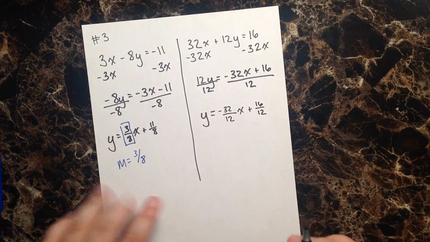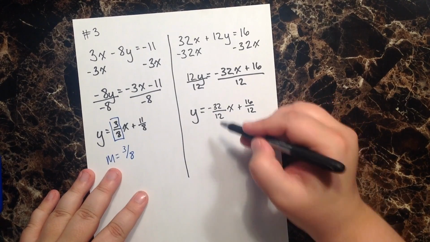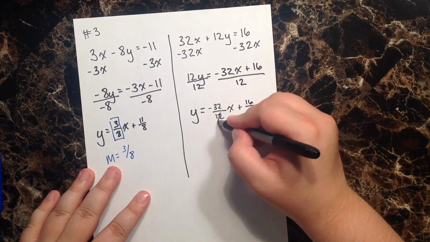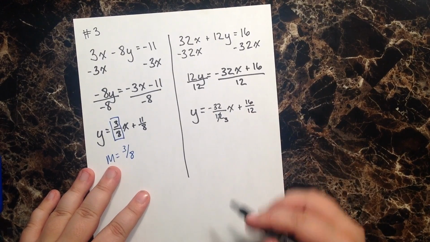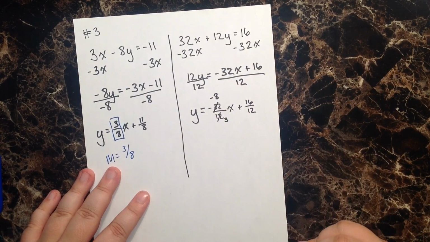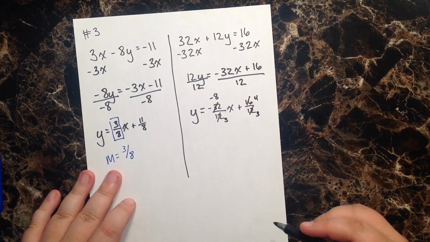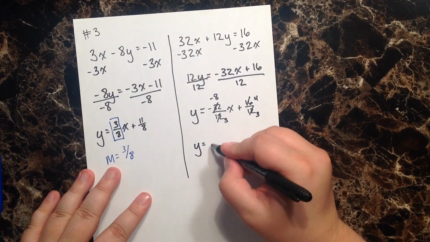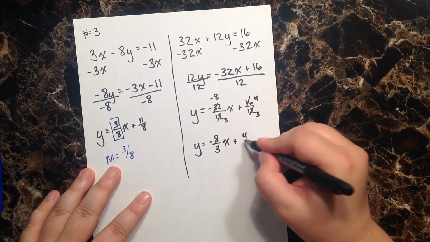Hopefully we see that we can reduce these fractions. 4 is our GCF and goes into each of these. 4 goes into 12 3 times, 4 goes into negative 32 8 times, 4 goes into 12 3 times, and 4 goes into 16 4 times. So when we write our equation with reduced fractions, we get y equals negative 8 over 3 x plus 4 over 3.